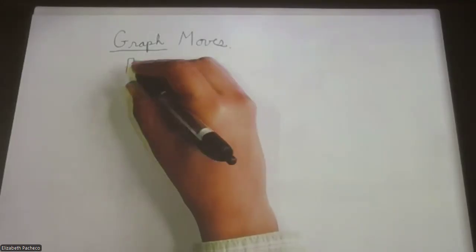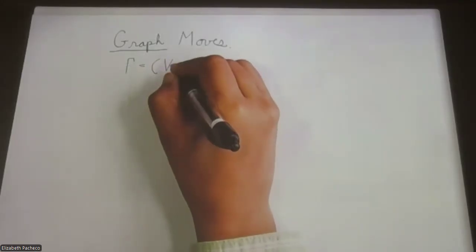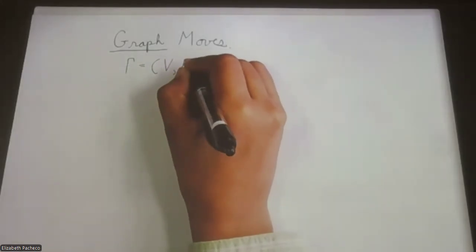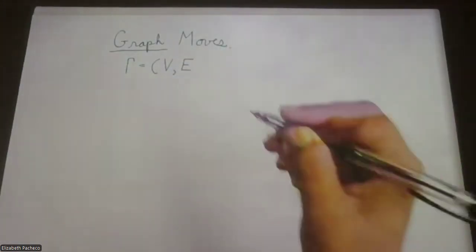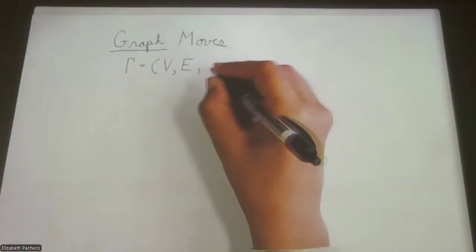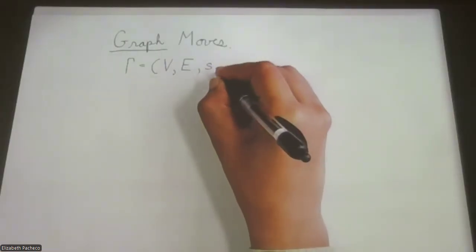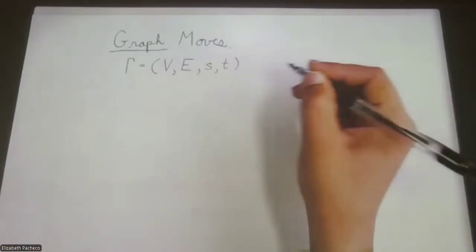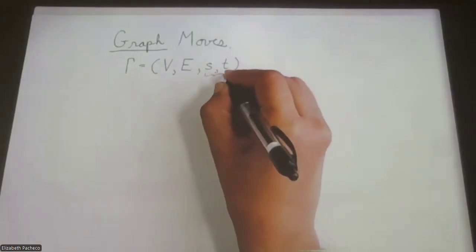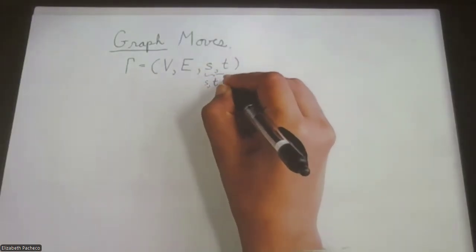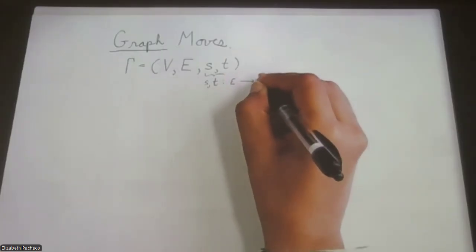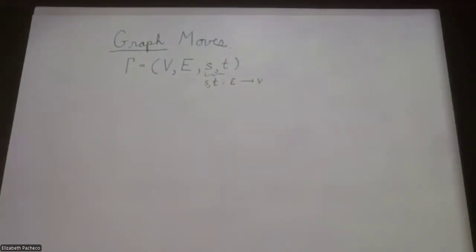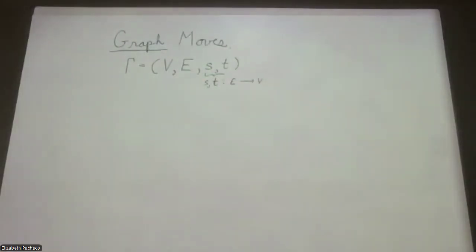A graph, gamma, is given by a set of vertices, a set of arrows, which my advisor always wished he had the courage to put A, but E is so common that he chose to do that. Source maps and target maps, where source maps and target maps are both maps from the set of arrows to the set of vertices, and you give the source and target of each arrow respectively. So this is my native dialect.